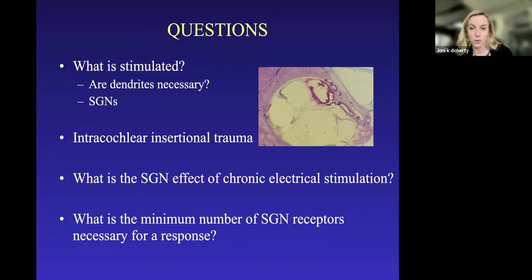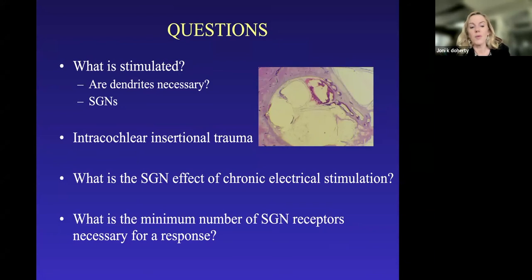Intracochlear insertional trauma, as shown on this little slide here, a cochlear implant electrode pathway going through the lateral wall, results in fibrosis and new bone formation. And that's something that's been proven, shown over and over again by multiple researchers who study this kind of histopathology.